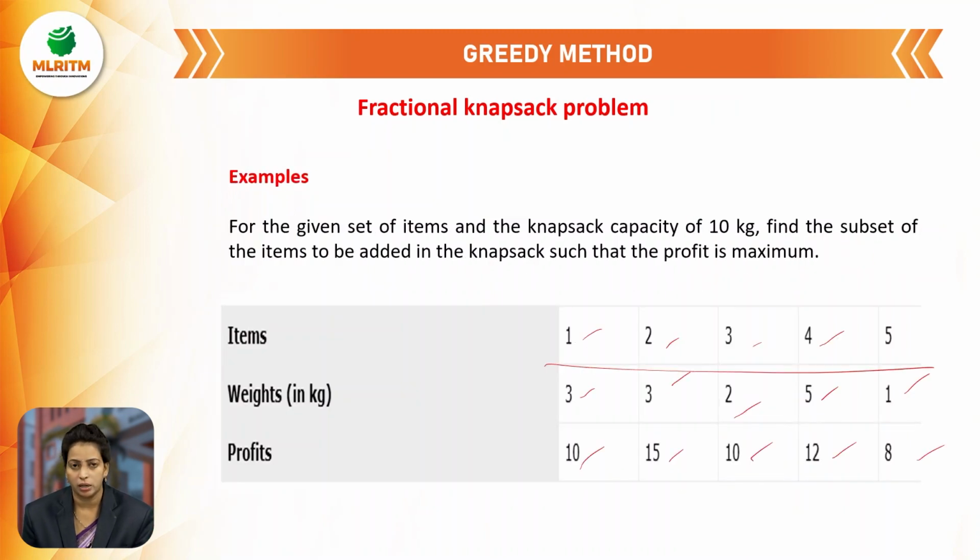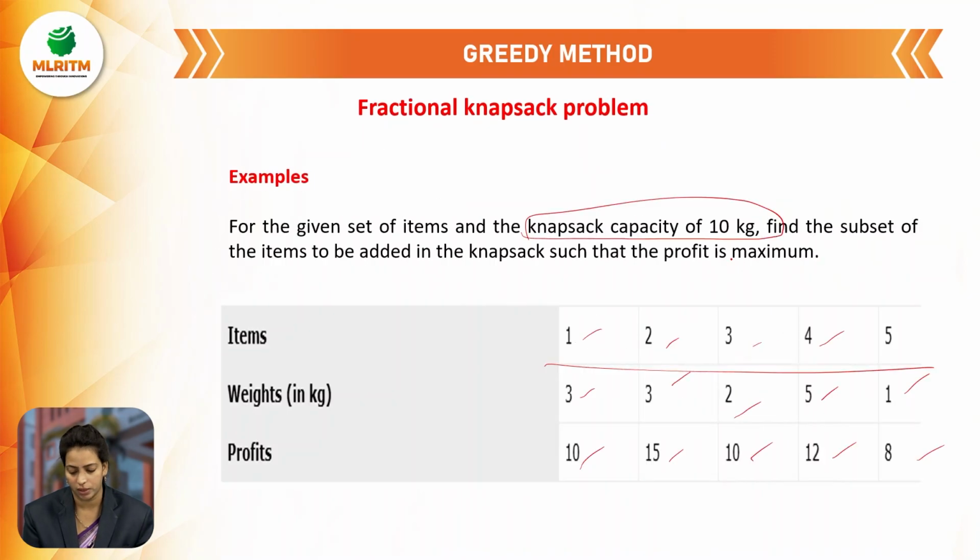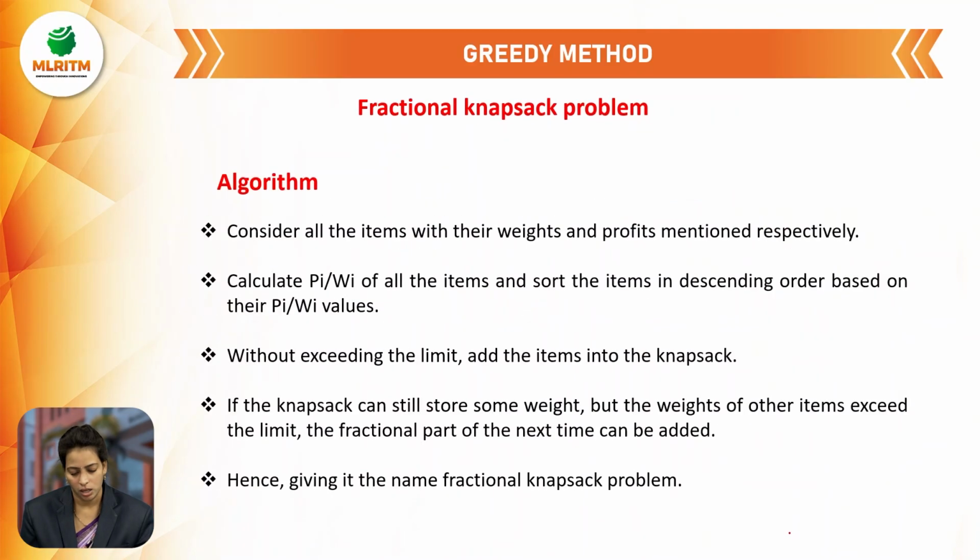Next, the main thing is the capacity of the container. In this example, the capacity of the container is 10 kgs. That means this bag holds 10 kgs, right? So next step, calculate the Pi by Wi ratio.